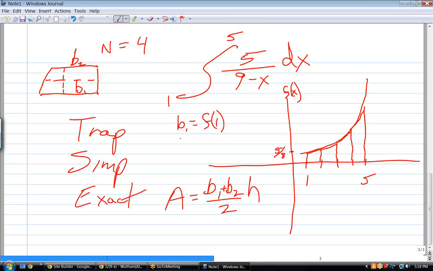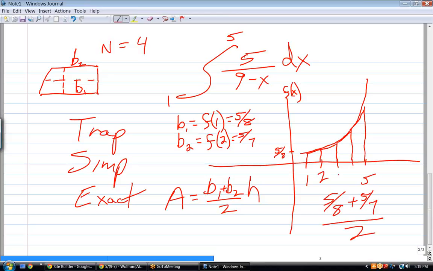What is base 2? 5/7. So the area of our first trapezoid is 5/8 plus 5/7 divided by 2, and what's the height of that trapezoid? 5/8?